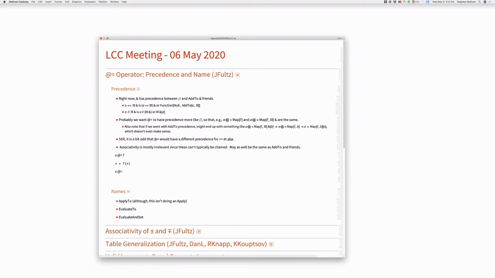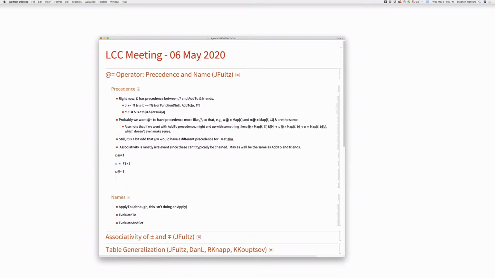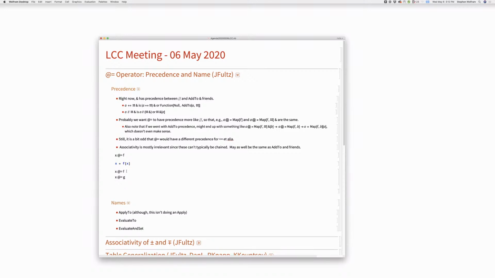Oh, I see what you're saying. So x at-equals f, x at-equals g. That's really pretty nice, actually. Good idea. I think it really makes a difference for readability in certain kinds of code. It is indeed Sander probably who was the originator of this.